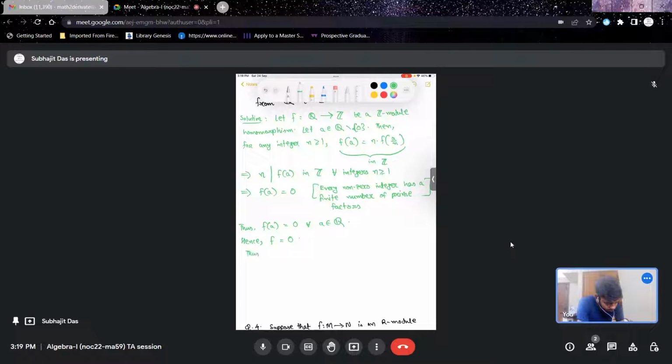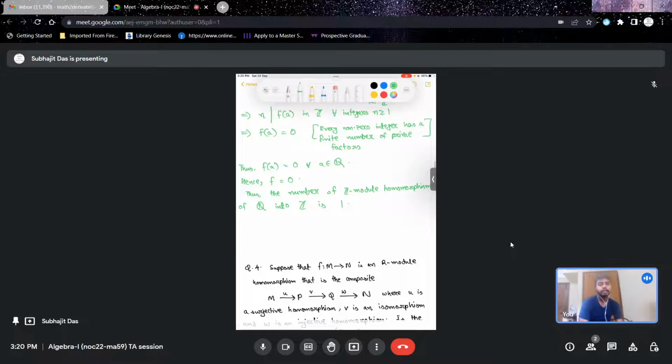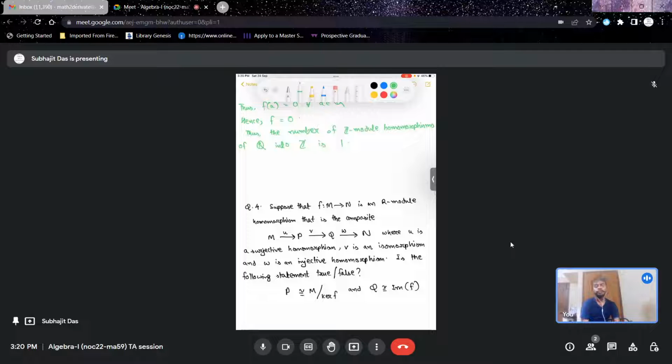Thus the number of mappings of Q into Z which preserve the Z module structure, Z module homomorphisms of Q into Z, is 1. Right? So the answer is 1. We only have the trivial homomorphism.